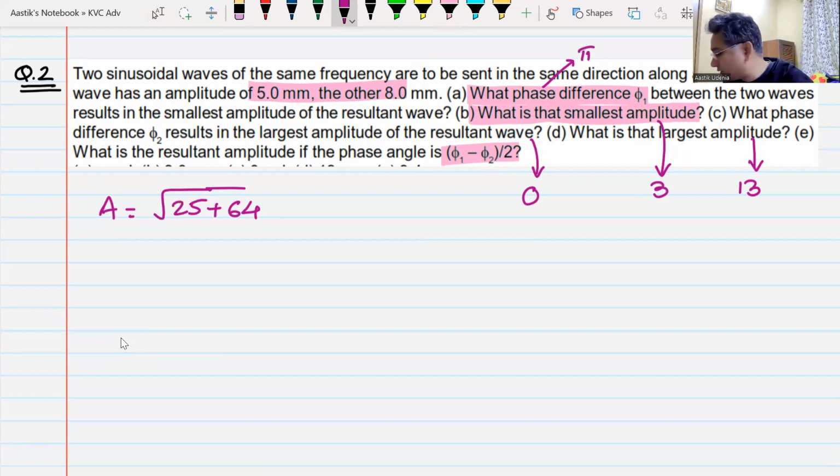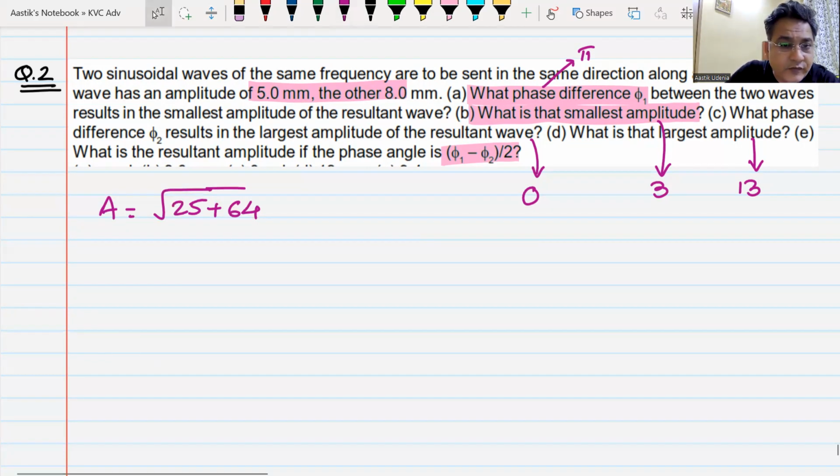There was no confusion at all. What was confusing you in this question? Tell me. What was the confusion that you could not understand?